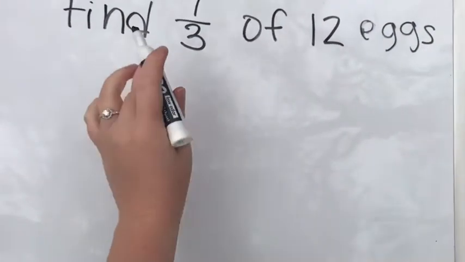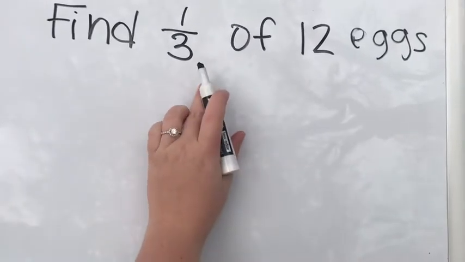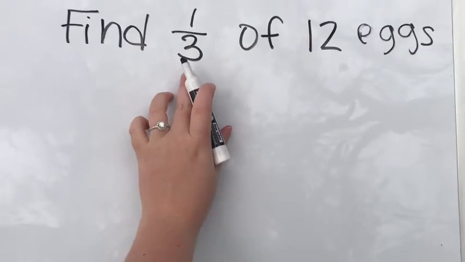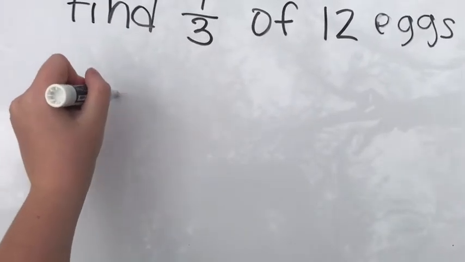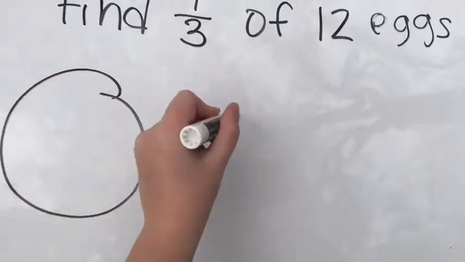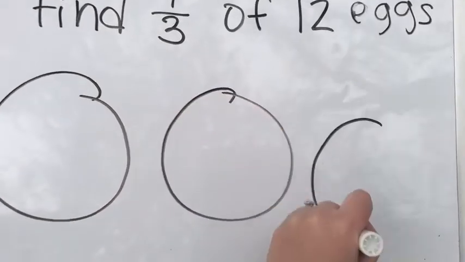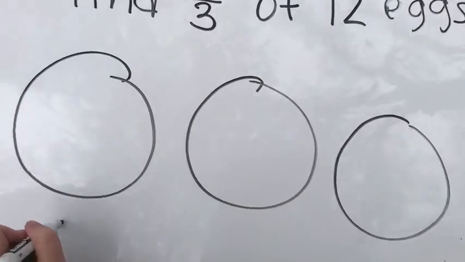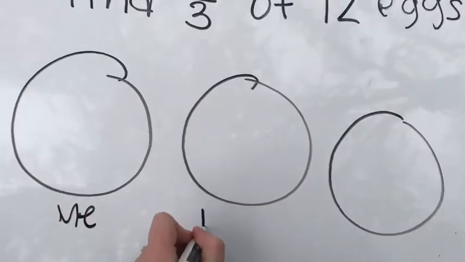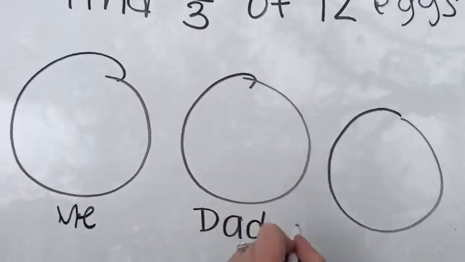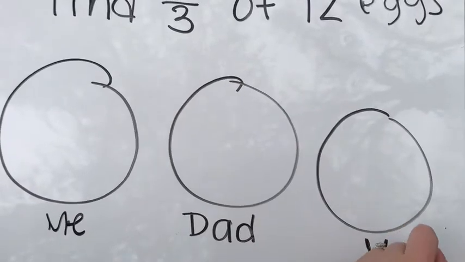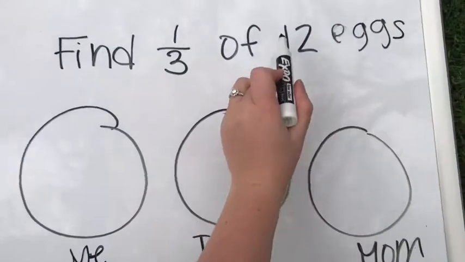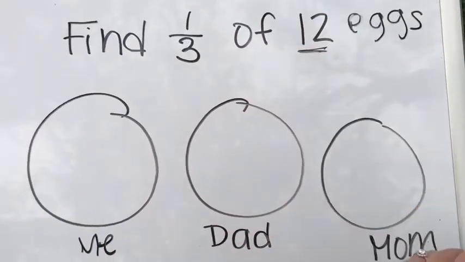So when we look at this problem, we're first going to look at the fraction. We're going to look at that denominator. Our denominator is 3. So I'm going to make 3 different groups, just like I did with the eggs. I had one for me, my dad, and my mom. And then I noticed that I had a total of 12 eggs.